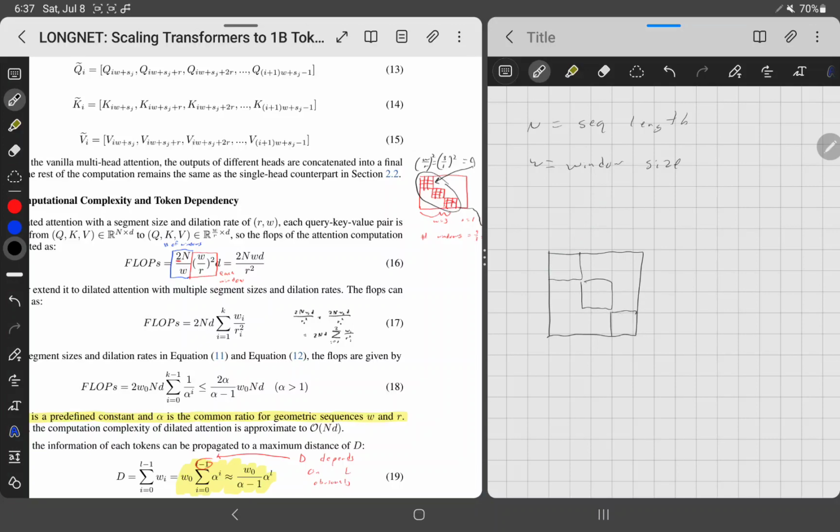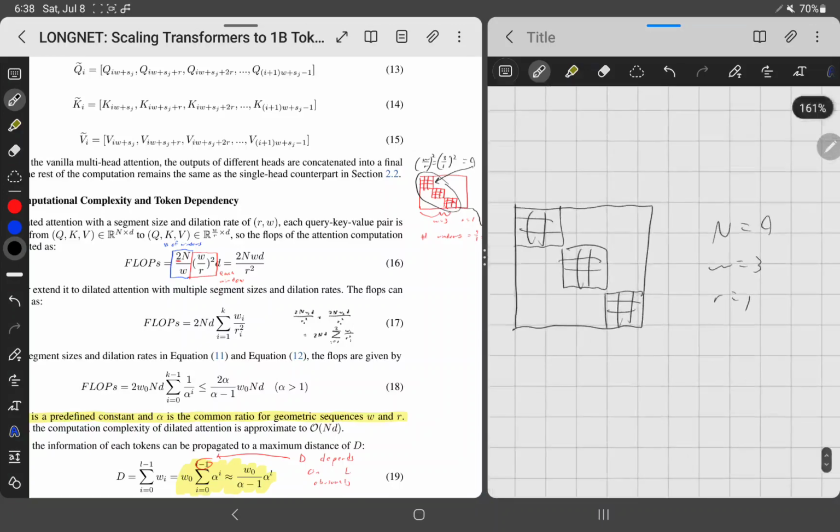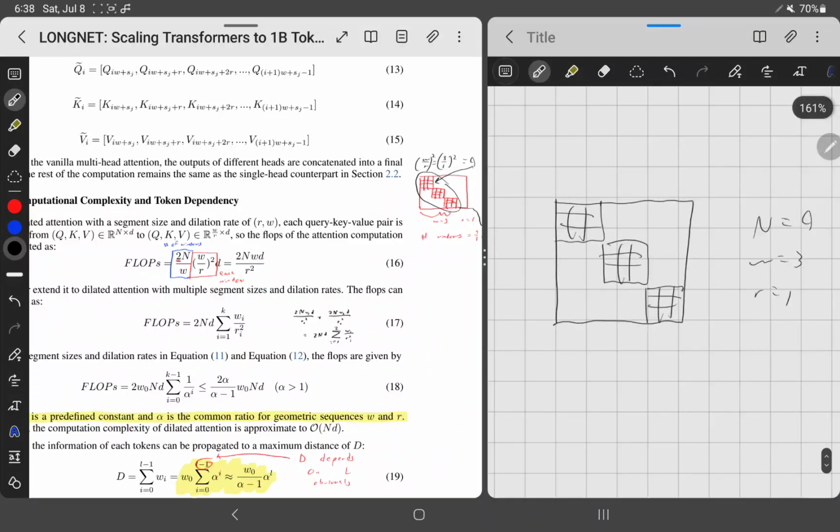And then our window size is 3, so n is equal to 9, w is equal to 3, and r is equal to 1. So r is the hop length, but the hop length is annoying to draw out.